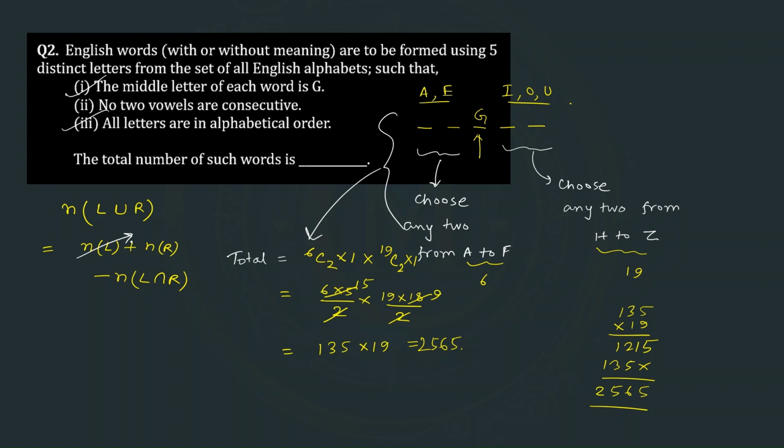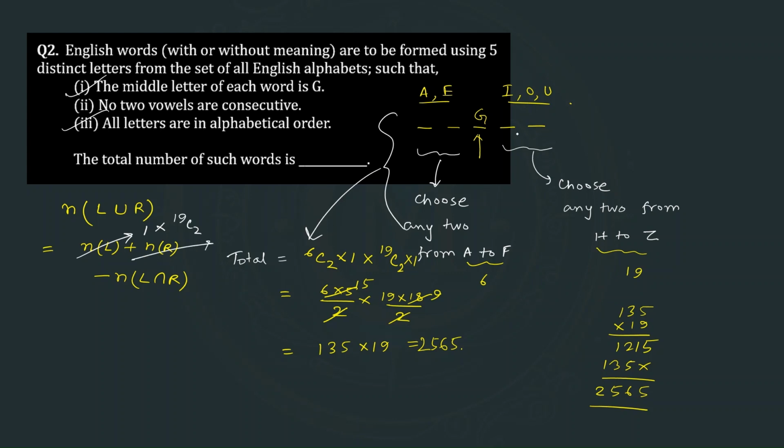There is only one case for the left-hand side, but for each case, we can fill up the right-hand side in exactly 19C2 ways, because there are 19 letters and we choose any two of them, and the left-hand side is fixed, which is A and E. So n of L becomes 1 into 19C2.